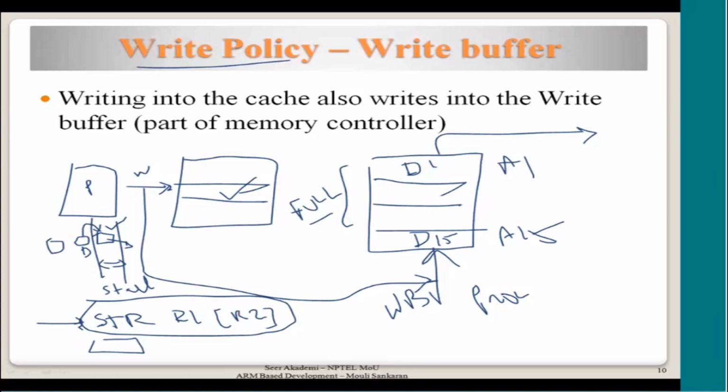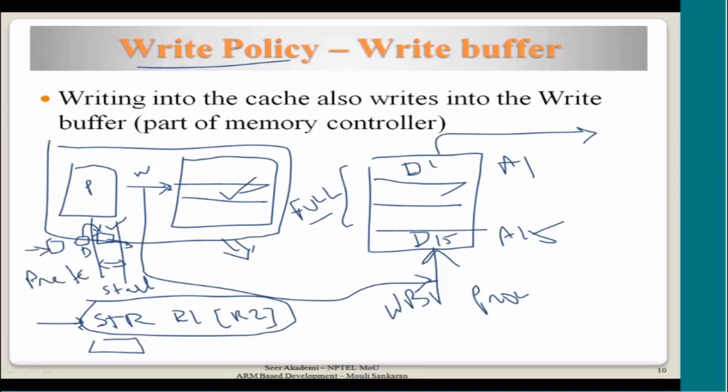The instruction will wait. The processor stalls, so it will no longer issue anything. See the side effect: the processor stalls, so there is no prefetching of instructions. If prefetching doesn't happen, the instruction access is not happening from the main memory. Correct?